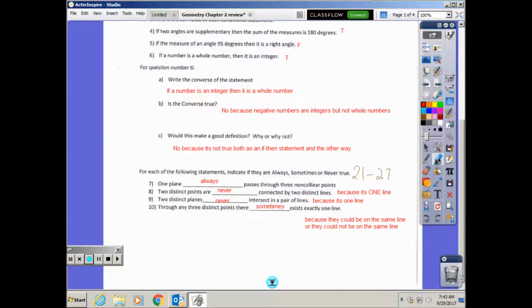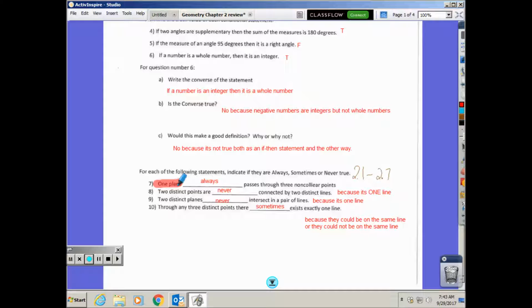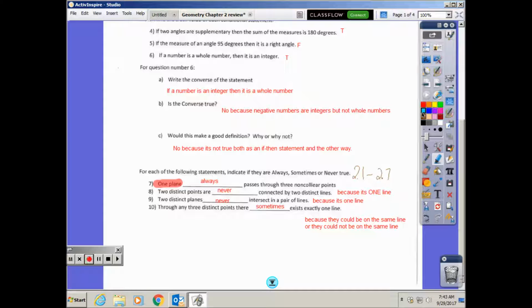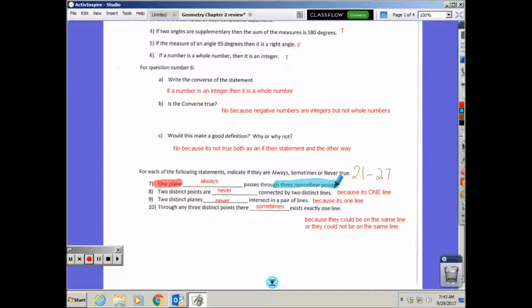So this first one talks about one plane, 3 non-collinear points. And when you look at your paper, there's 2 postulates that talk about the fact that one plane goes through 3 non-collinear points. There's also another one that says 3 non-collinear points make up one plane. Since that is exactly on your postulate paper, meaning it's a postulate, it's always true.